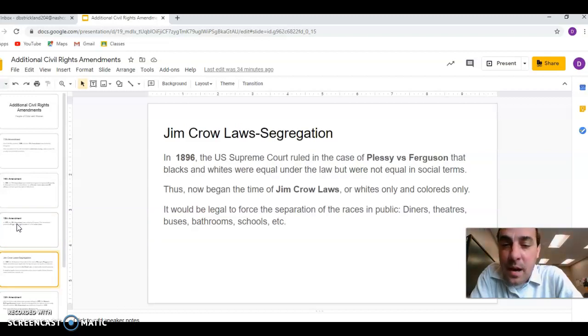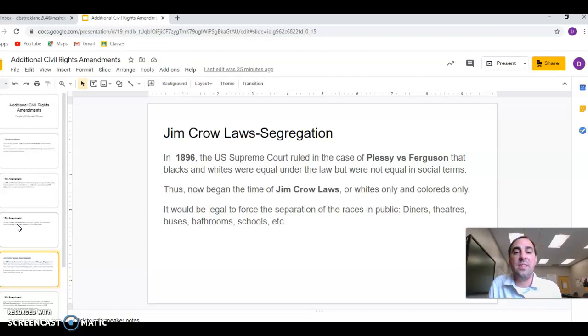Moving on. About 31 years after the slaves had been freed, there was a Supreme Court case known as Plessy versus Ferguson. This court case was ruled on by the Supreme Court of the United States in 1896, and what it ruled was this. It said blacks and whites are equal under the law, but not equal in social terms. Therefore, we had the beginning of what became known as the Jim Crow laws, segregation, separation of the races.